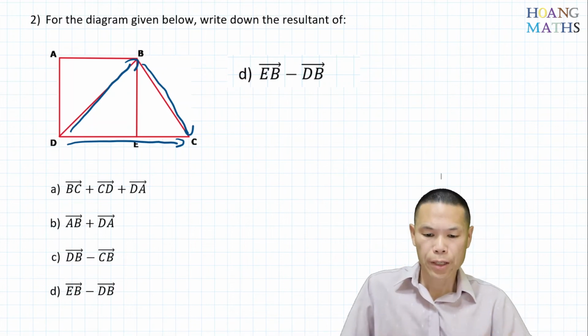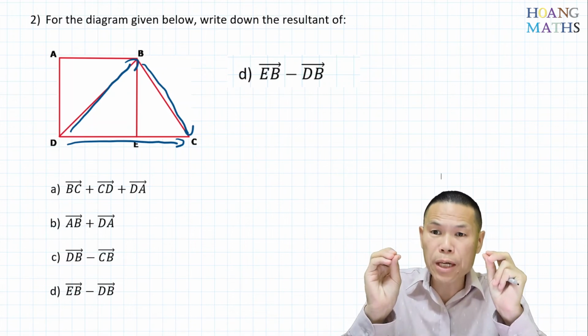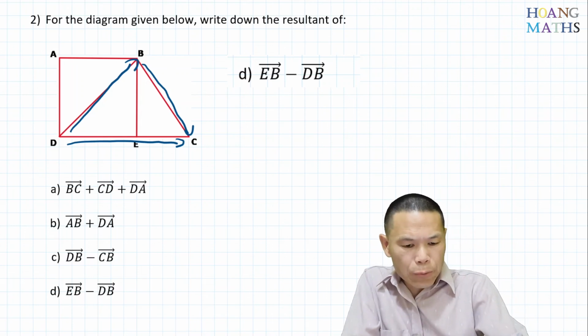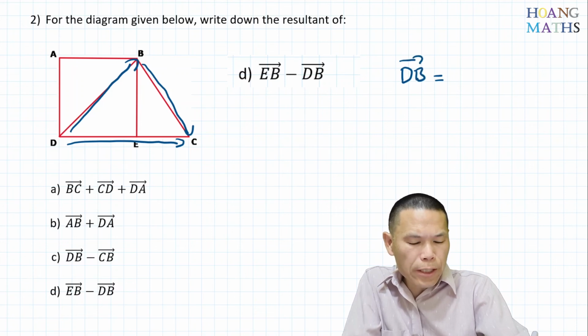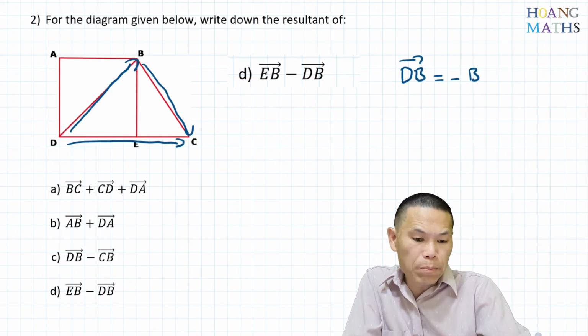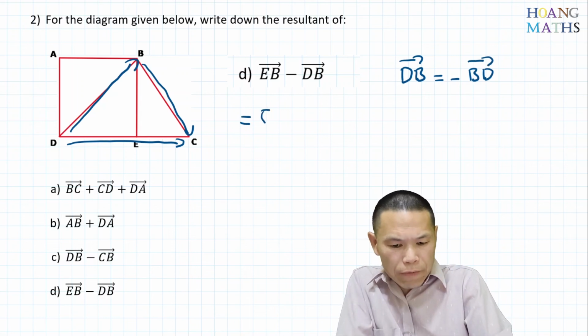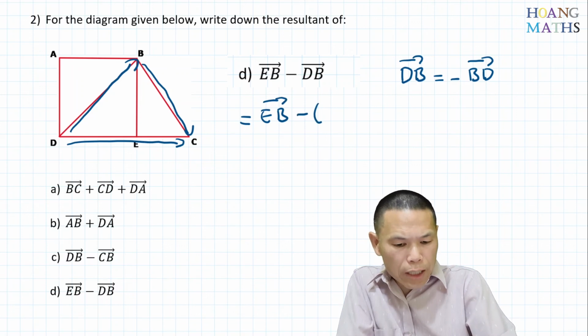Last one. We have vector EB minus vector DB. Again, we know that DB is equal to negative vector BD. So this will give me vector EB minus bracket negative BD.